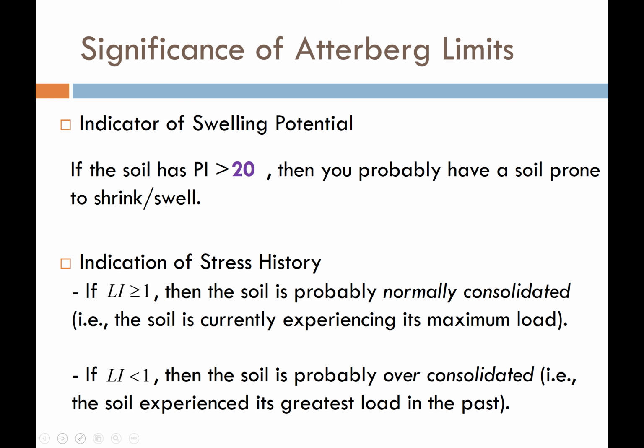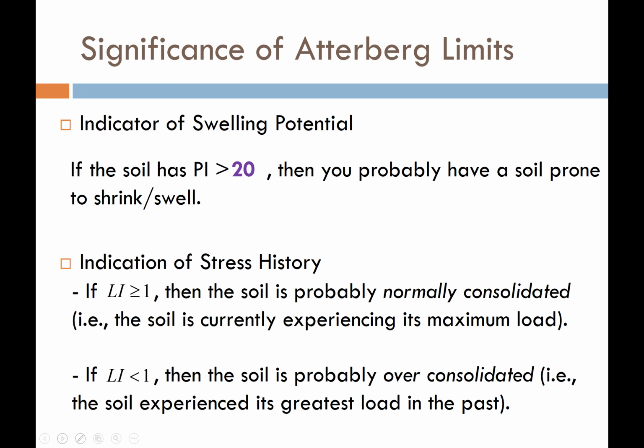Also, Atterberg limits can be a good indicator of the stress history of the clay. If the liquidity index is greater than or equal to 1, that probably means that the soil is what we call normally consolidated. This means that that soil has never felt more vertical stress in its existence than it is feeling right now.